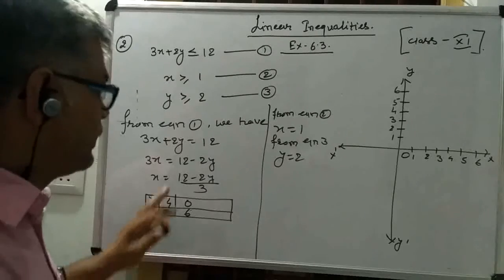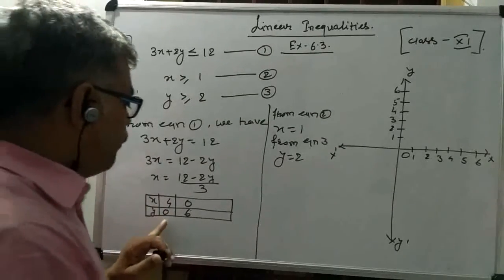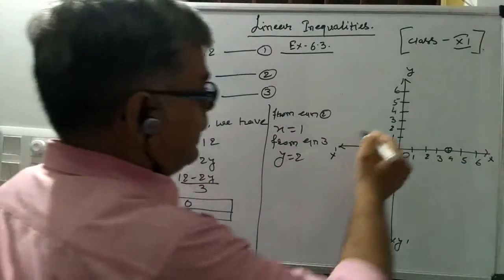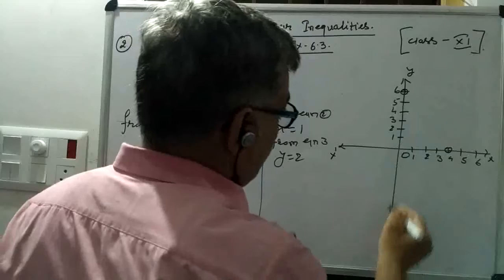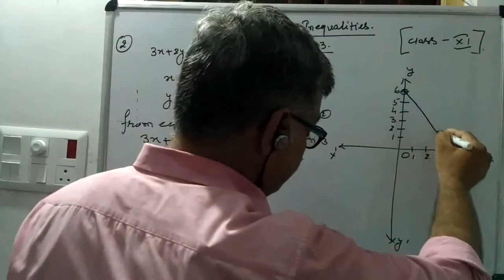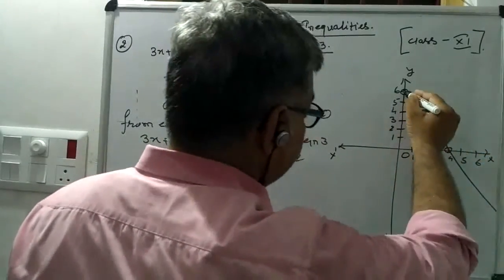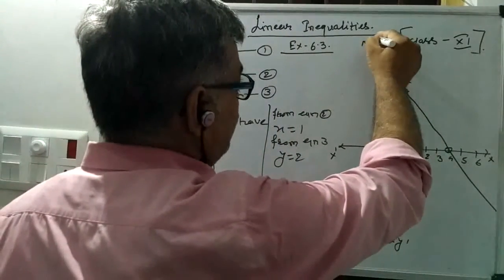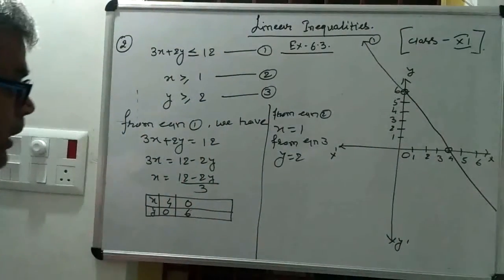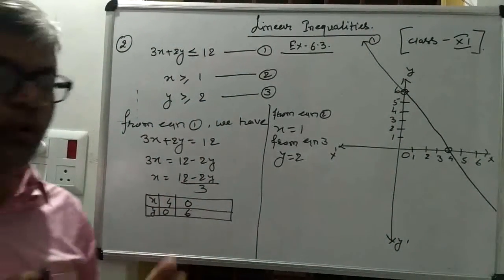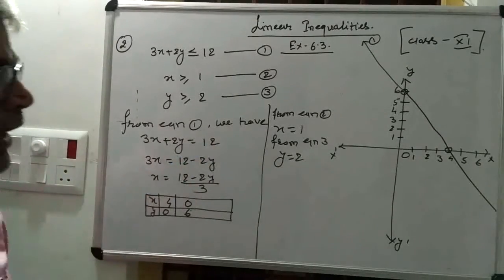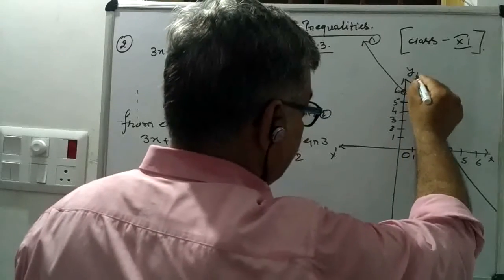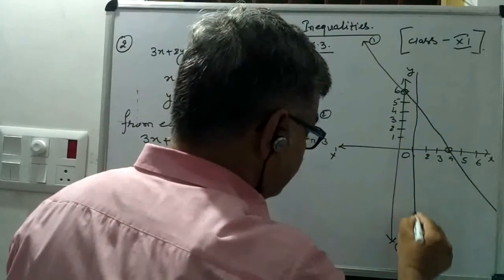Wherever it is needed, you must write them. So first plot equation 1. The point (4, 0) will be here, and (0, 6) will be here. Now join these two points and produce the line in both directions. This is your representation of equation number 1. I have mentioned it there; you need not mention that. Now second is x equals 1, so your x equals 1 will be like this.